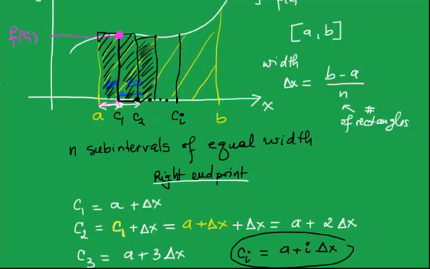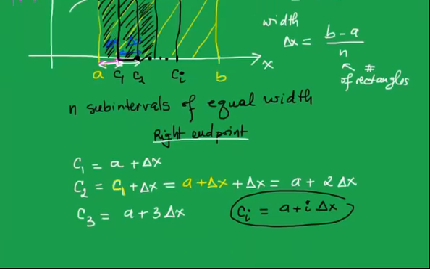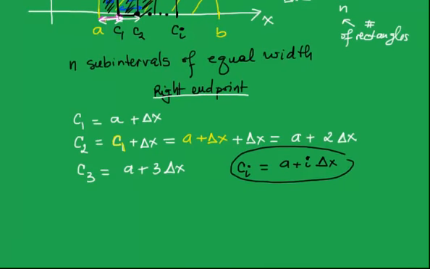So for each point, C1, C2, up to Ci or Cn, we computed f of C1, f of C2, f of Ci, and f of Cn. So we computed f of Ci.